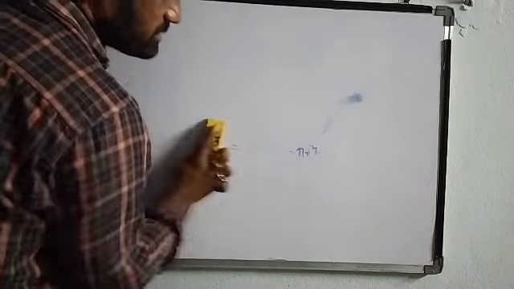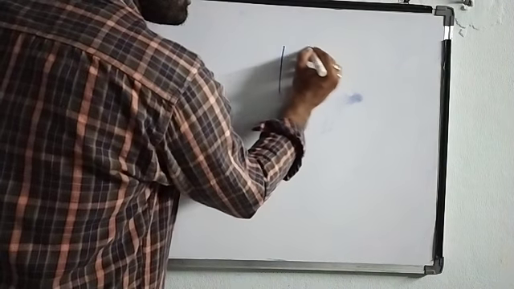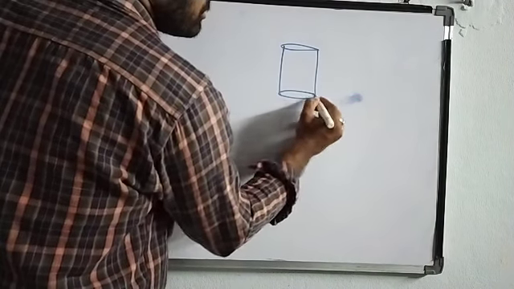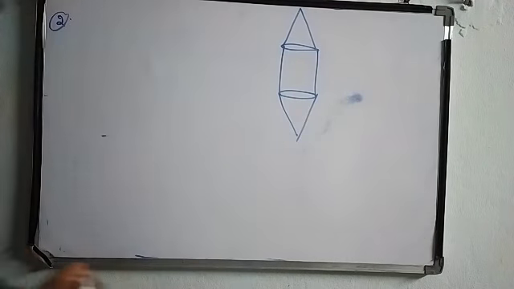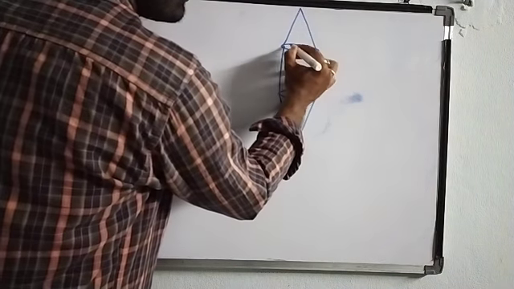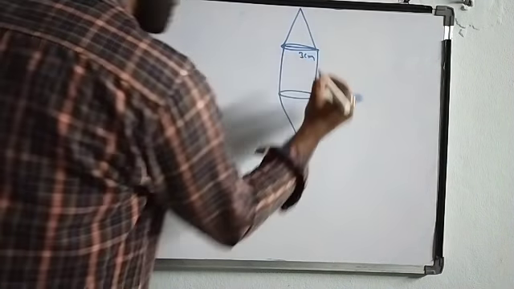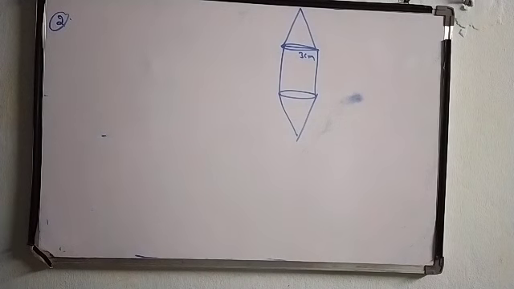Same 13.2 exercise, second question. So cylinder with two cones on the top as well as on the bottom. There is a figure like this, cylinder with two cones, and diameter of the model is 3 centimeters.